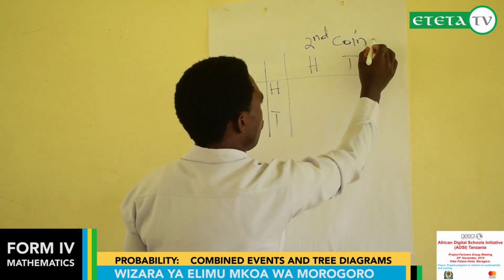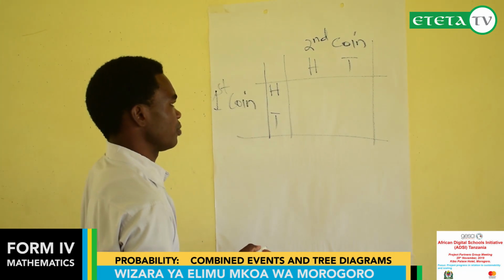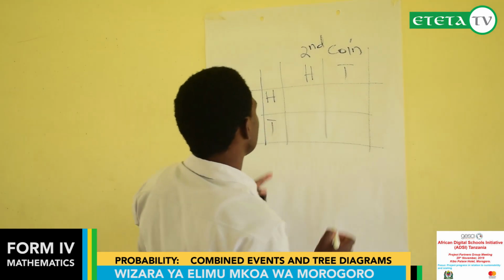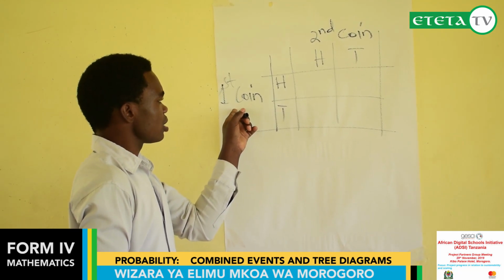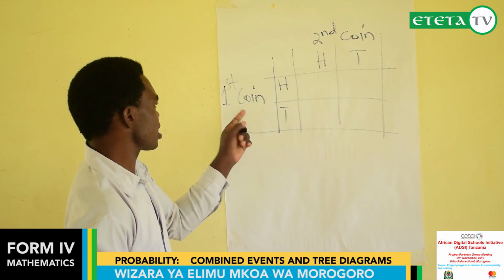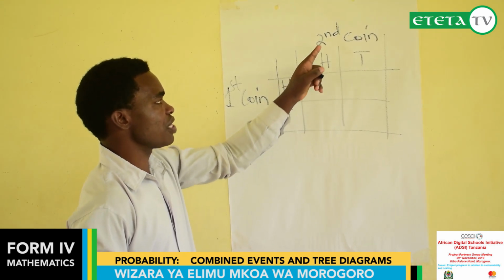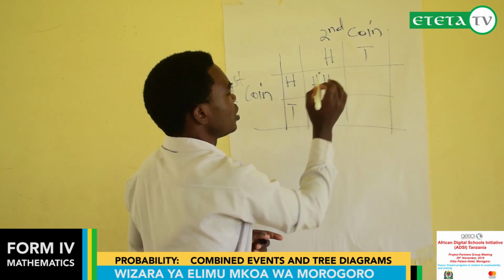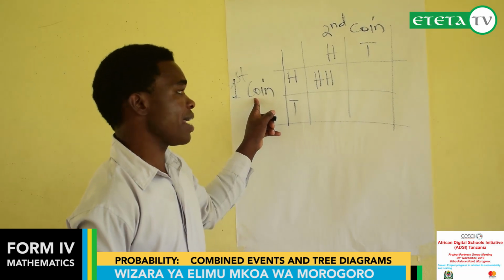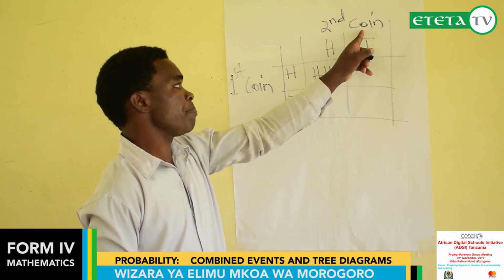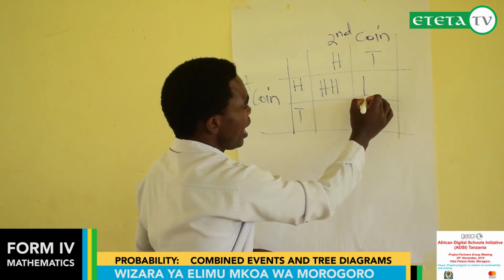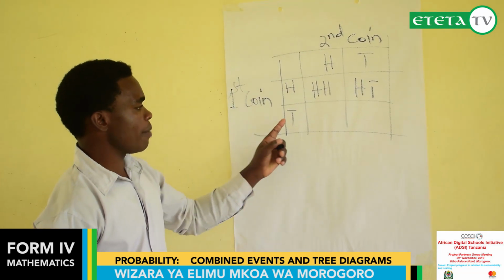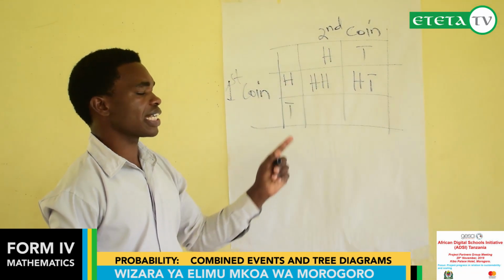Then we join this way. We construct the table this way. What we do here is combine the first coin and the second coin. On the first coin it can appear a head, and on the second coin it can appear a head.